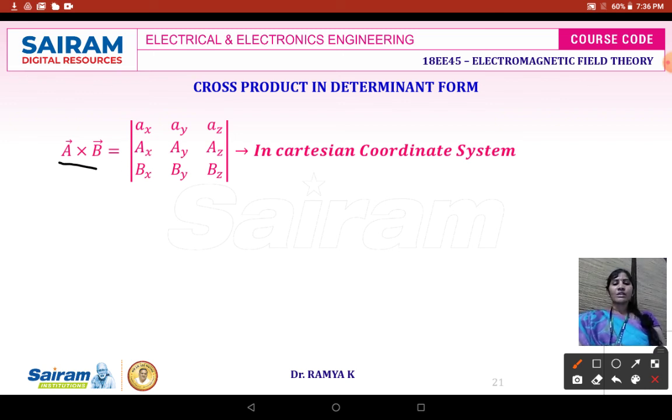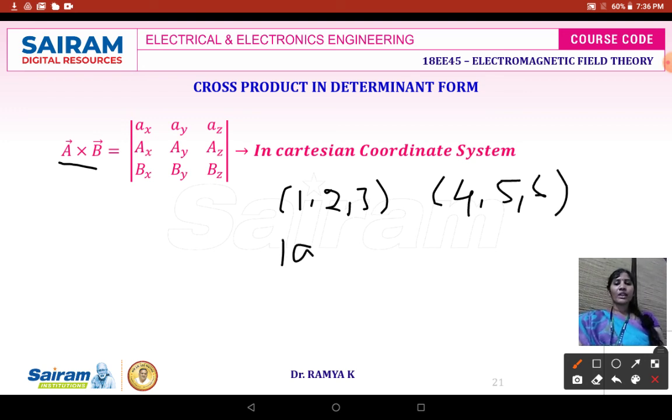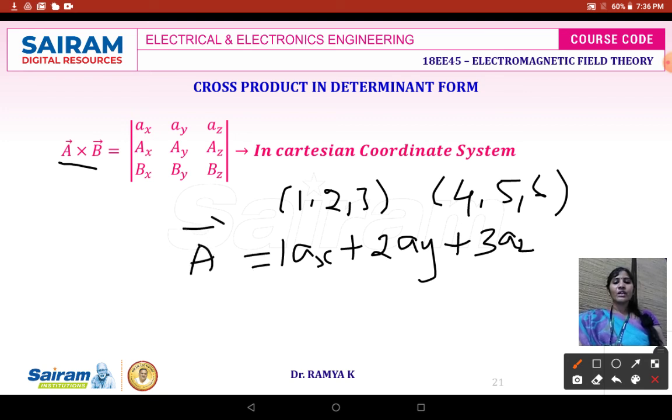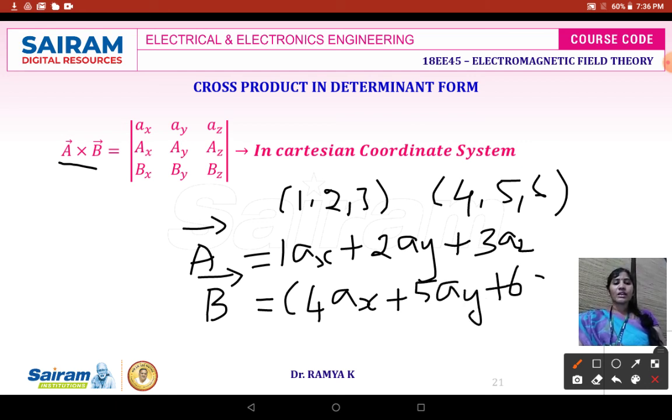Consider two points like 1, 2, 3 and 4, 5, 6. The a vector is 1ax plus 2ay plus 3az, and the b vector is 4ax plus 5ay plus 6az.